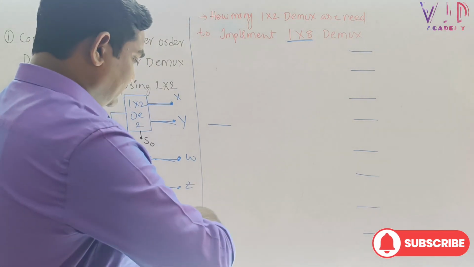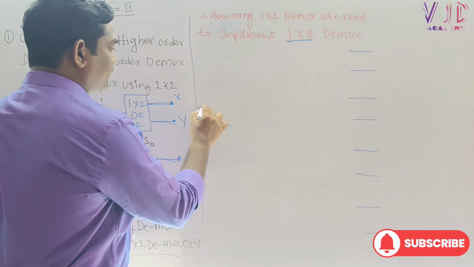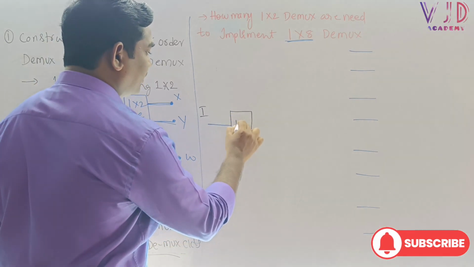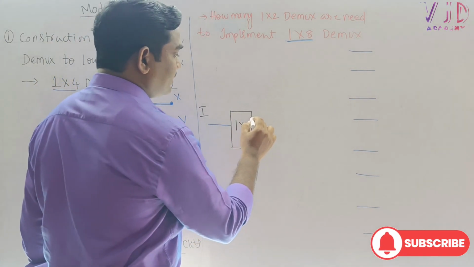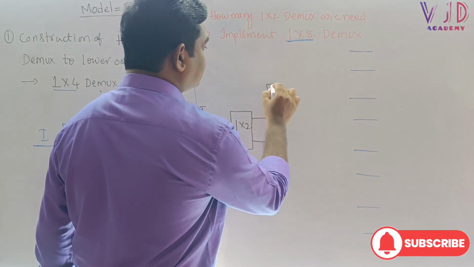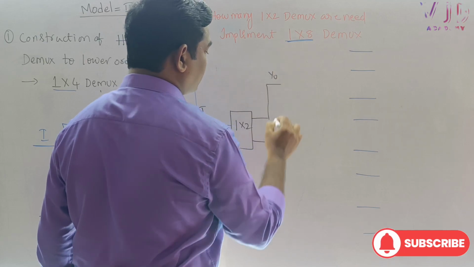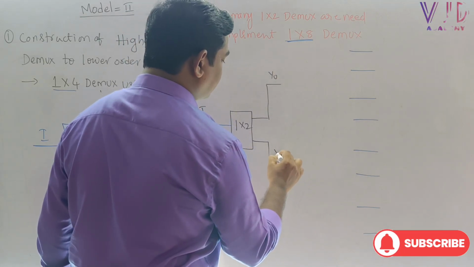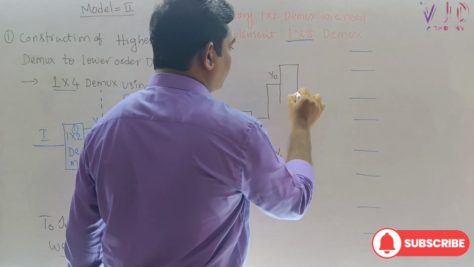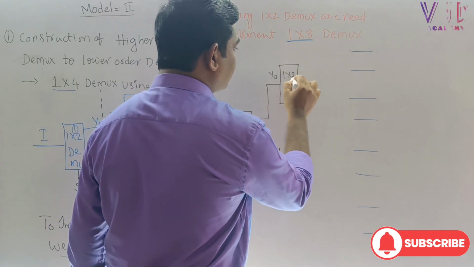So, sir, here the first input we can say I, and now let me take 1 to 2 DMUX. It should have two outputs, which are Y0 and Y1, and from this Y0 let me draw one more 1 into 2 DMUX.